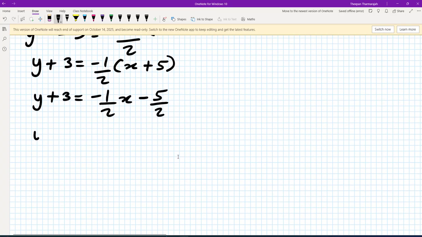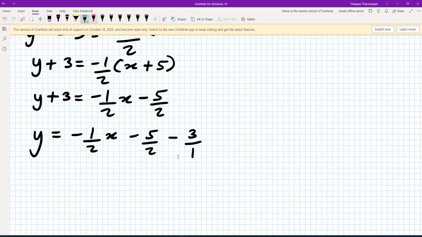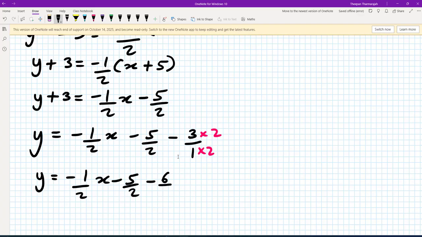So what we get now, minus a half x minus 5 over 2 minus 3 over 1, times by 2, and then we're going to get minus a half x minus 5 over 2 minus 6 over 2. So we get the equation of L3, or the line that passes through the center, y equals minus a half x minus 11 over 2.